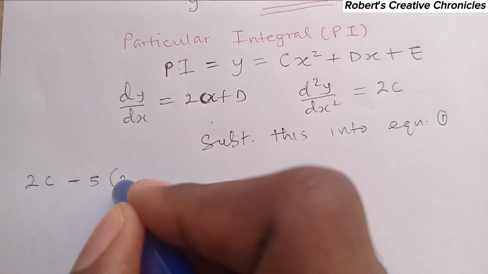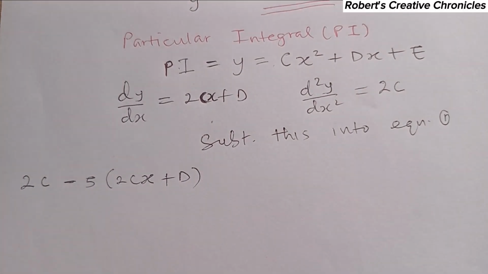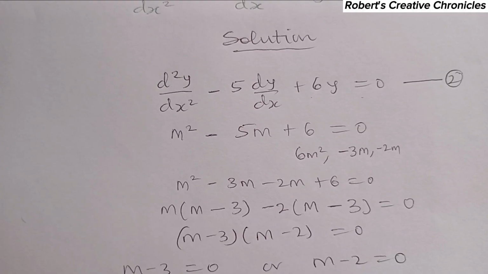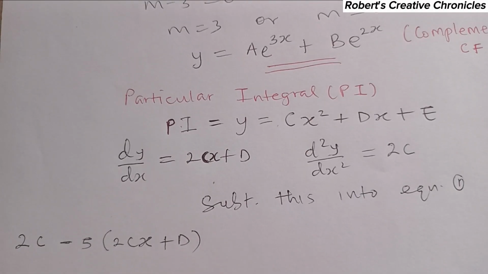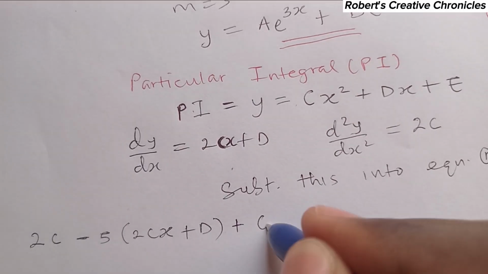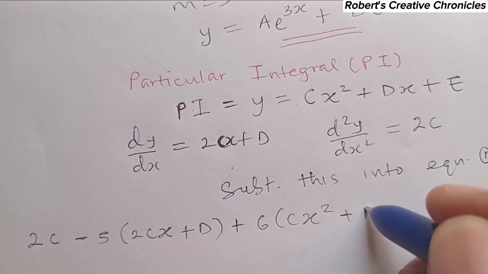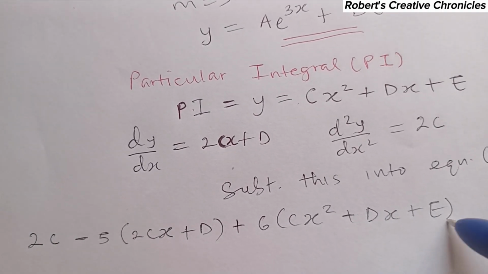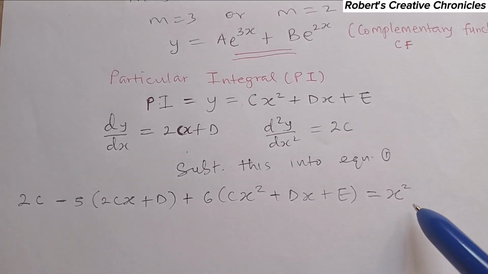This is it, 2cx plus d, plus 6y. This is y, cx squared plus dx plus e, is equal to x squared.